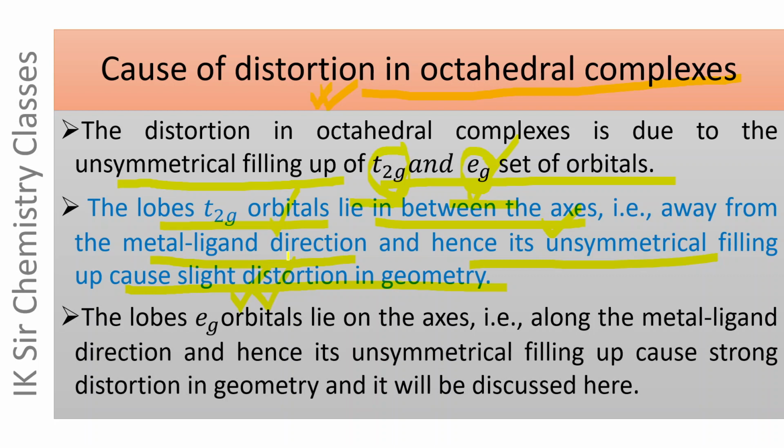On the other hand, the lobes of eg orbitals lie on the axis, that is along the metal ligand direction, and hence the unsymmetrical filling up of eg set of orbitals causes a strong distortion in geometry, and it will be discussed mainly here.